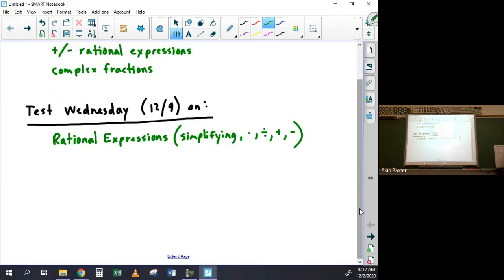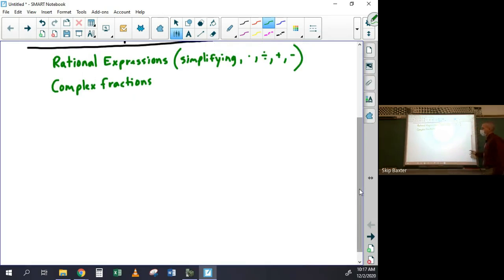It also includes complex fractions. And then what we did this week, which is undefined fractions, that's what we talked about on Monday. You just set the denominator equal to 0. That's when a fraction is undefined.